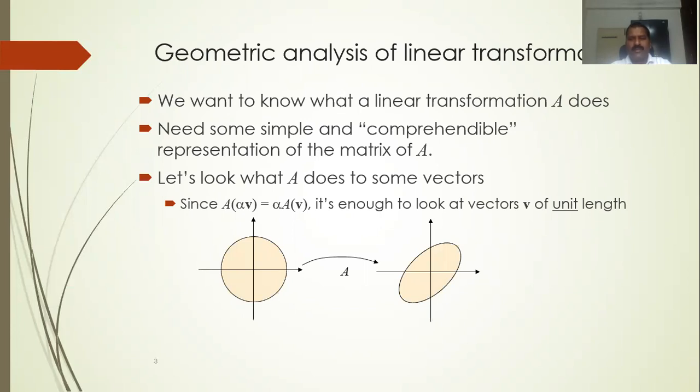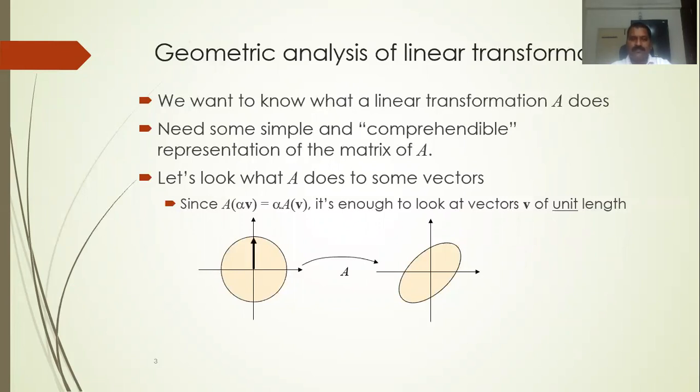Now, basically, you need to understand what a linear transformation means. A matrix A defines a transformation from one space to another space. If in the process a vector goes to lambda times itself, we know that it's called an eigenvector, and lambda is called the eigenvalue.